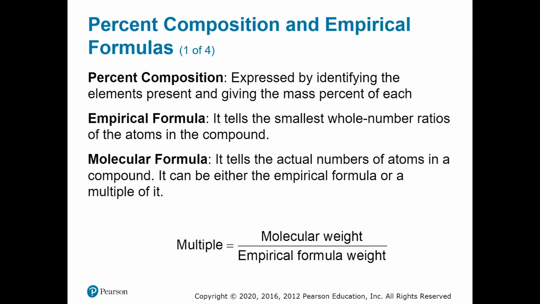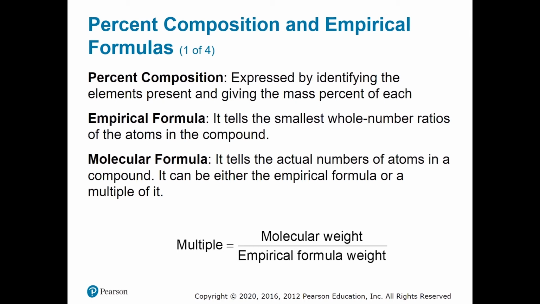Now let's look at another application of stoichiometry, percent composition and empirical formula. All chemical compounds, you may recall from Chapter 2, consist of specific mass ratios of their constituent elements. The example we used in introducing this was water, which was about 89% oxygen and 11% hydrogen by mass. These are called percent composition, the mass percentage of each element in the compound.